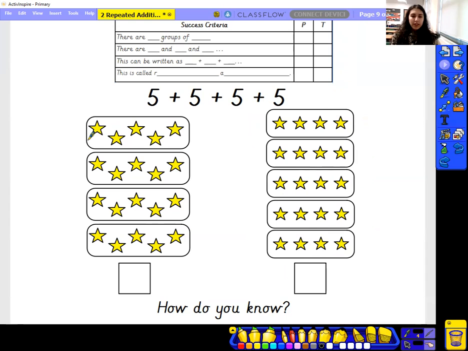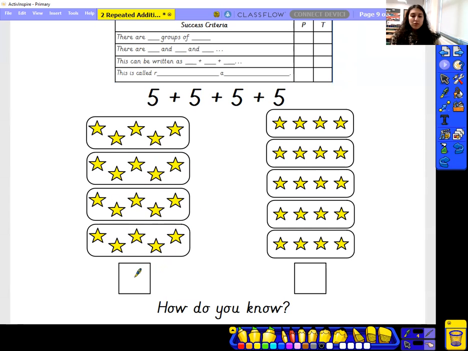But if we have a look on this side, we can see that there is 1, 2, 3, 4 groups of 1, 2, 3, 4, 5. So we can see that we've got 5 and 5 and 5 and 5.